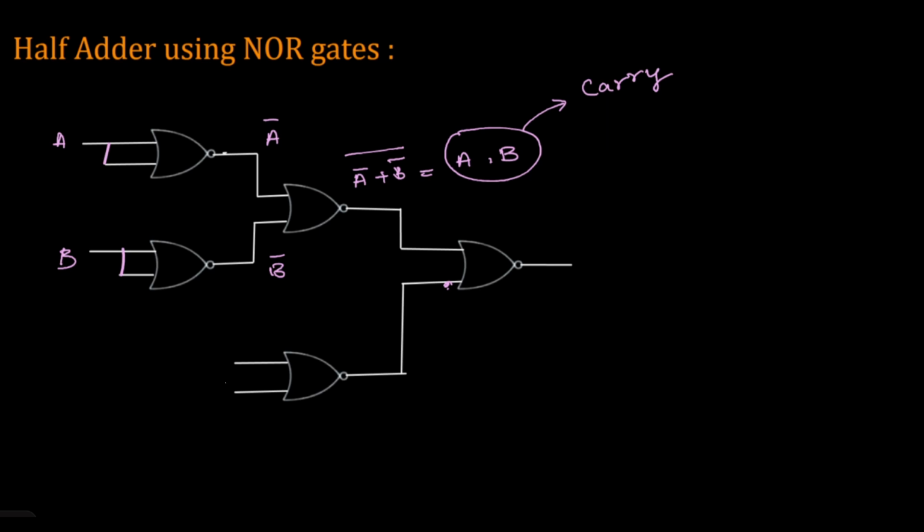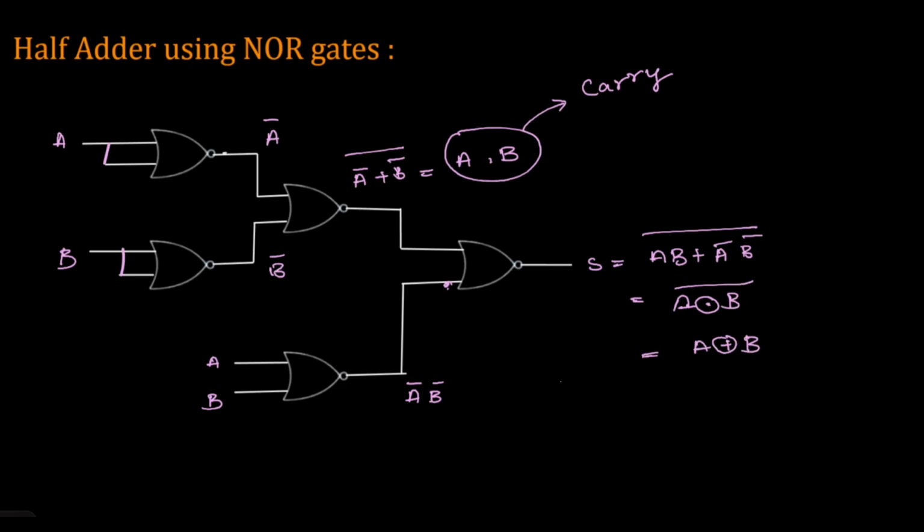So I will give here AB again, and I will get here A bar B bar. This one will be my sum, that is equal to AB plus A bar B bar whole bar. Then you will get A, this one is A XNOR B complement. So this will be A XOR B. So this is how you will design using NOR gates.